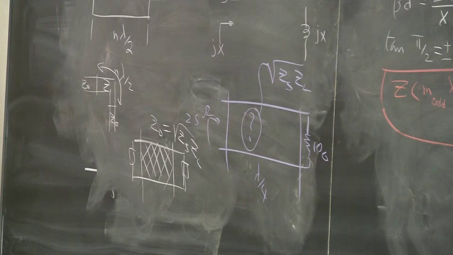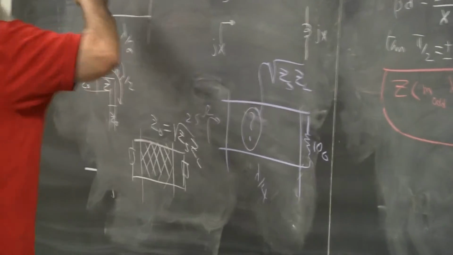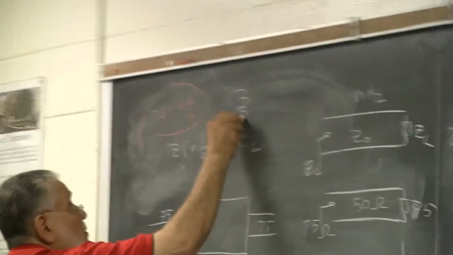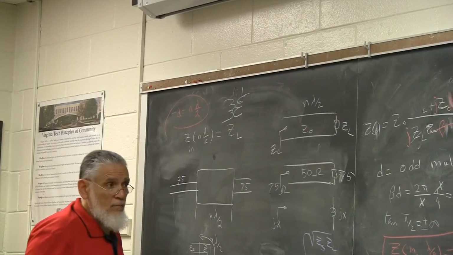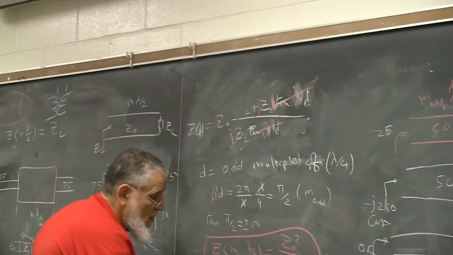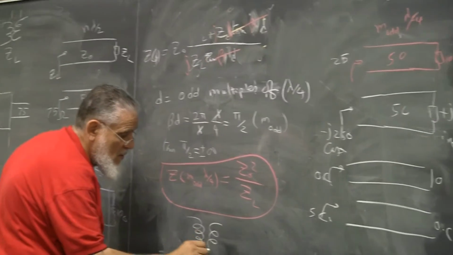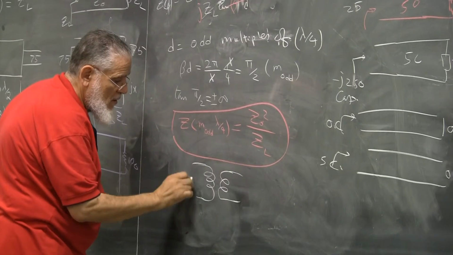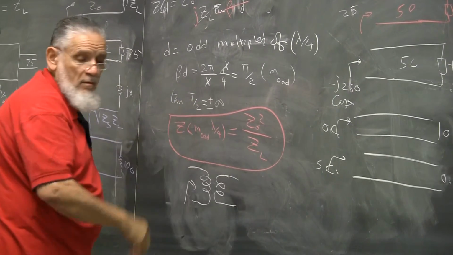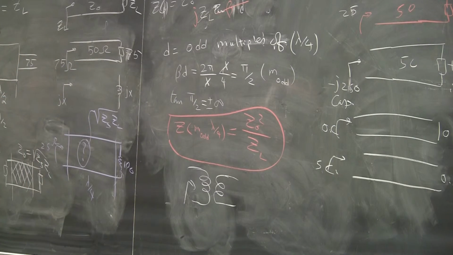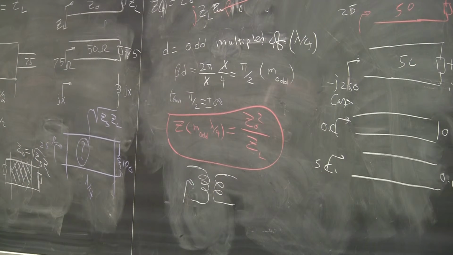It's a transformer. When you think about it, this is a 1-to-1 transformer. Impedance is the same. This one here is an inverse transformer. Right? It's not a direct relationship, it's given by that. It's an impedance transformer.